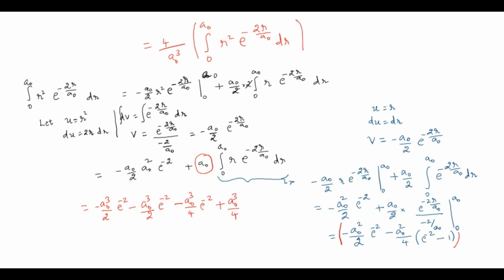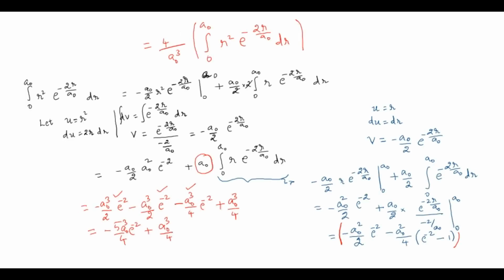Okay, so let us combine the common terms. When we combine these common terms, minus a naught cube by 3 minus a naught cube by 3 is simply minus a naught cube e power minus 2, and since it is minus 1 by 4, it is simply minus 5 by 4 e power minus 2 plus a naught cube by 4, into a naught cube, right? So when we substitute for this bracket term, I'm just writing the probability.